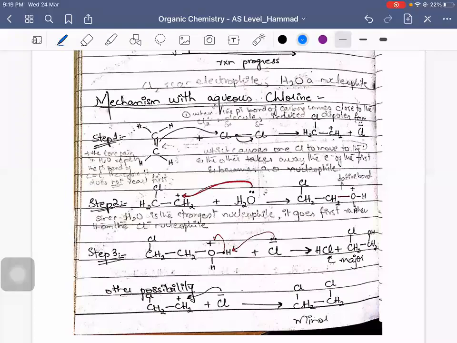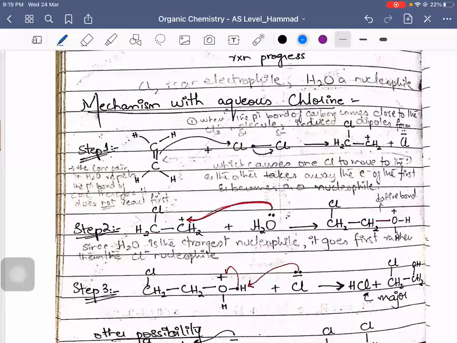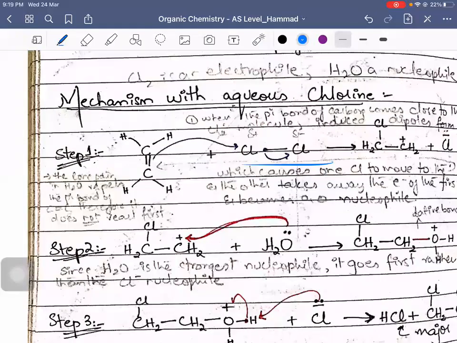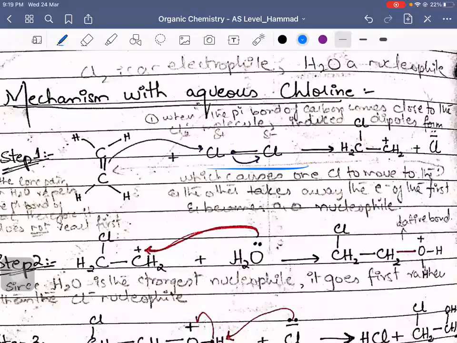Mechanism with aqueous chlorine. So in aqueous chlorine, you need to understand again your double bond. Step one stays the same. The double bond will attack the diatomic chlorine, right? The double bond breaks and one of the chlorine gets added.